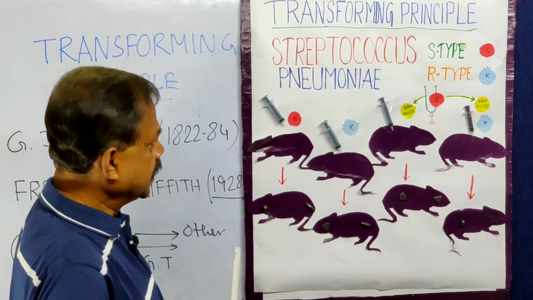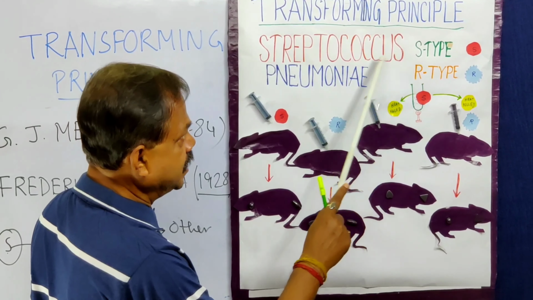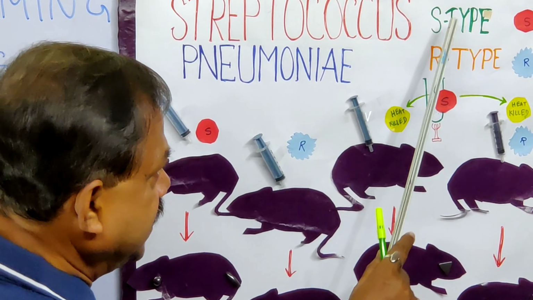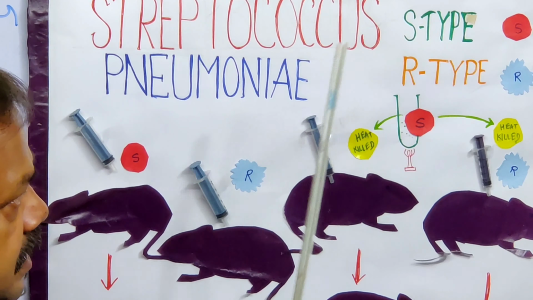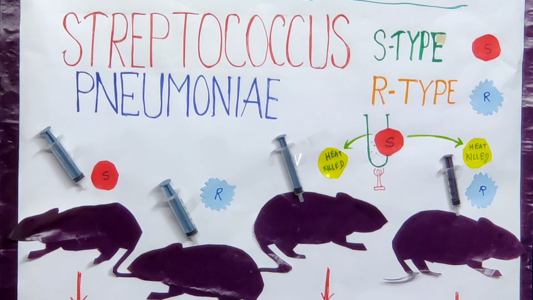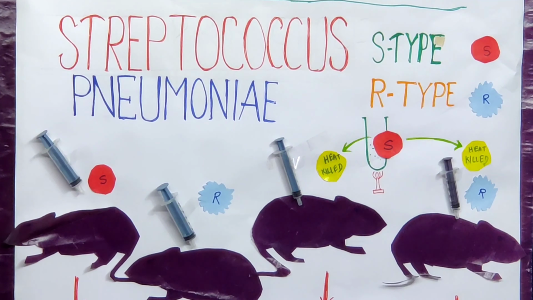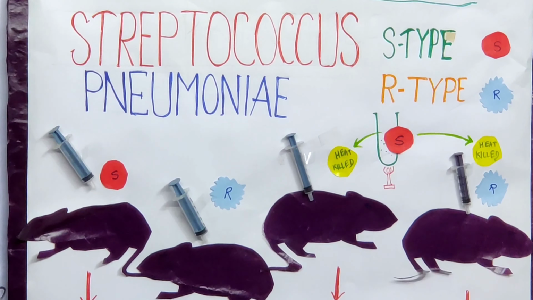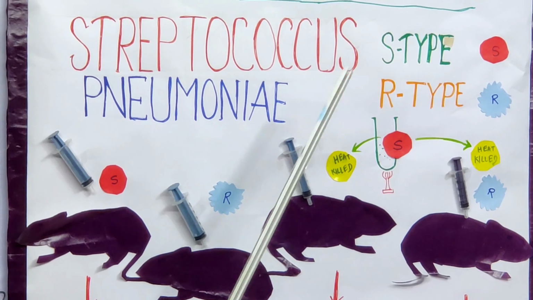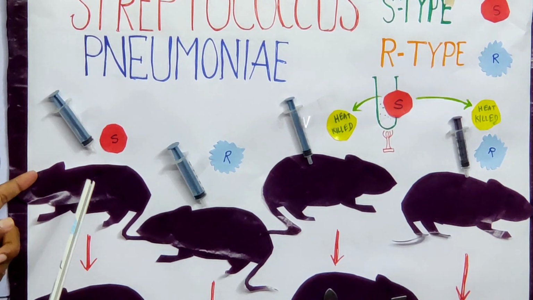Now you see, he had taken the two strains of this Streptococcus pneumoniae. One is S type strain, another is R type. S type is red in color, I have given it for your better understanding, and R type is sky blue color. First, he took S type of Streptococcus pneumoniae and injected it in the mice.